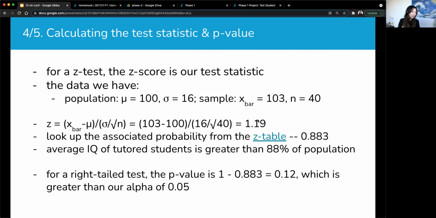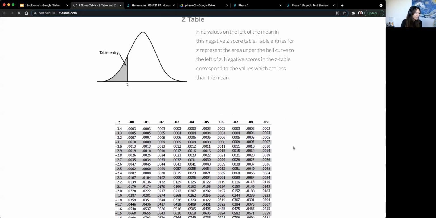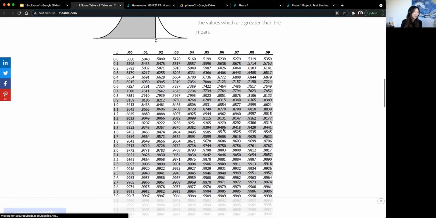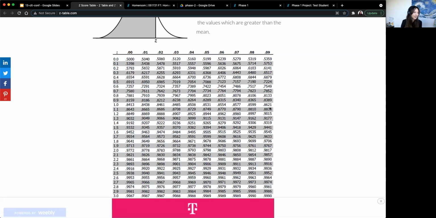Okay, so with 1.19, I also talked about looking at the associated probability from the z-table. So if we pull up the z-table real quick and we look up 1.19, z-scores can also be negative, by the way. But if we look at 1.19, we have 1.1 over here, and 9 is the last value over here. It's pretty small on your screens probably, but this says 0.883.